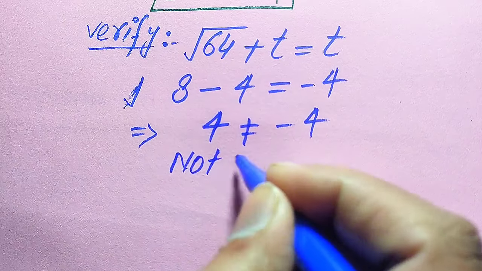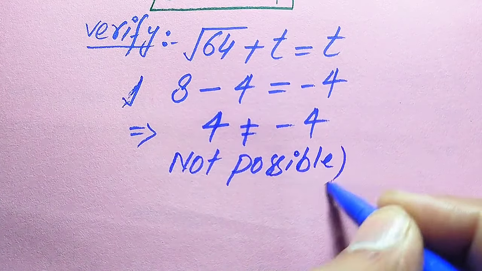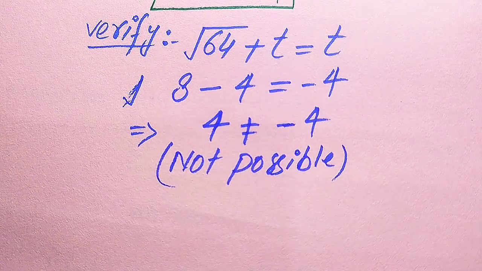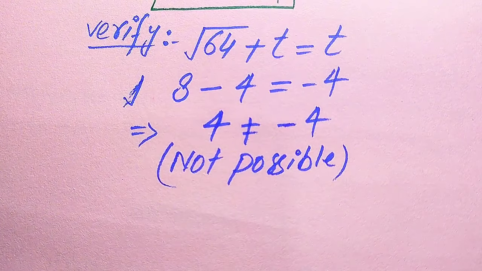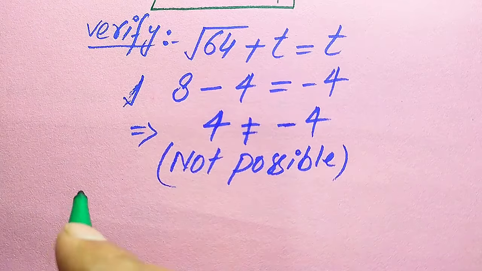So we reject this case, or in other words the value t equals minus 4 is not satisfied, and we call this value of t the extraneous root.